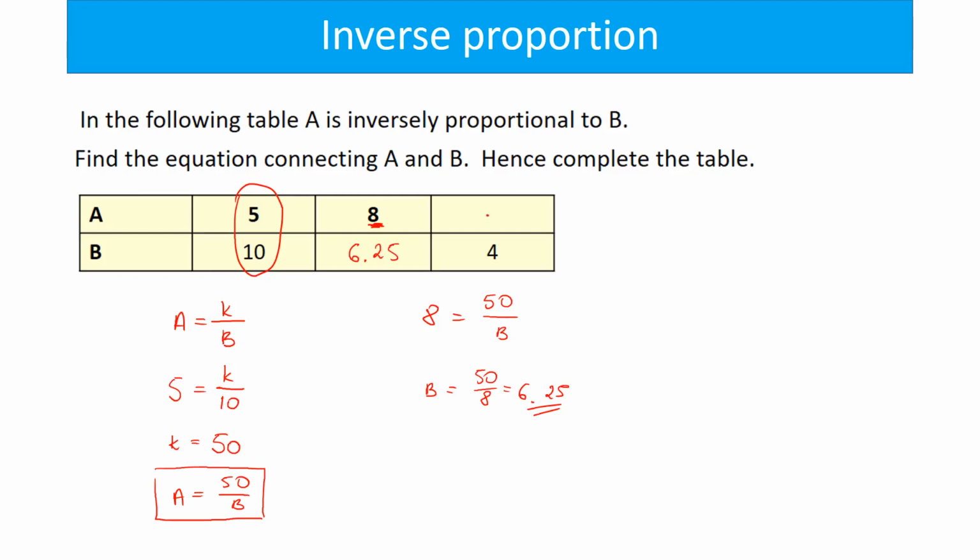Now to find this missing value, I know that the value of B is 4. So A equals 50 over 4. So A equals 12.5. That's it.